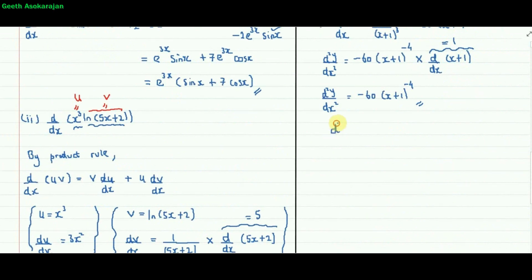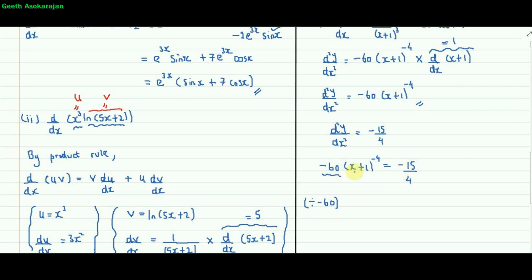So d2y over dx squared is equal to minus 15 divided by 4. So let's use our answer from here. We had minus 60 into x plus 1 to the minus 4, that is equal to minus 15 divided by 4. First of all, let me divide by minus 60 on both sides to get rid of this minus 60 here.